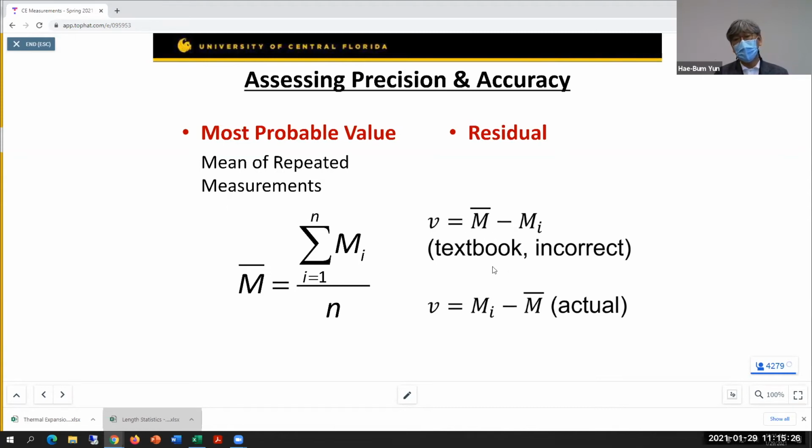The textbook uses this term, but it is not consistent with our definition. So actually, the residual can be calculated as MI, which is the current measurement, minus M bar. M bar is what? The sample mean.